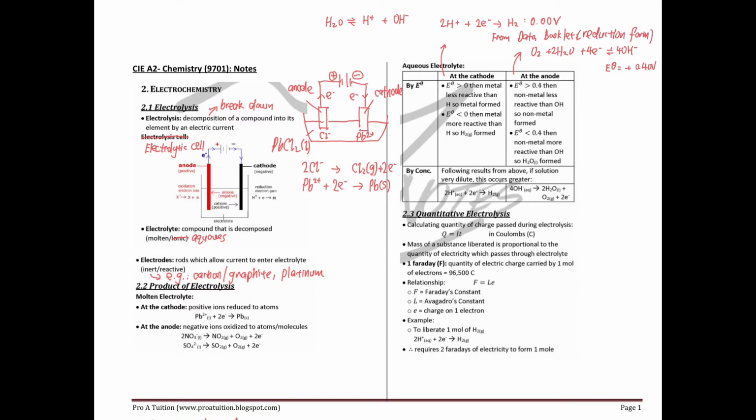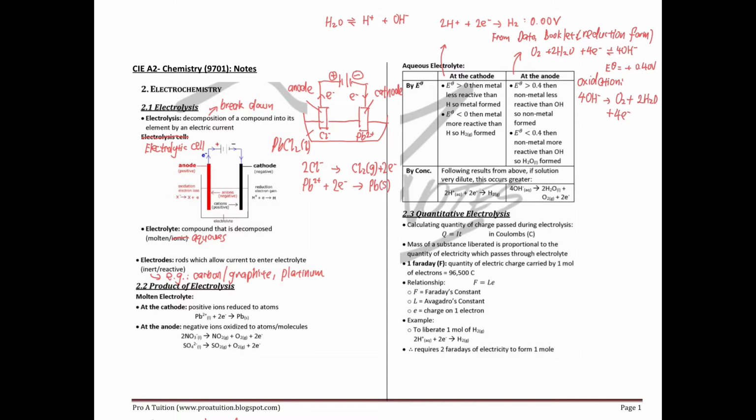What happens at the anode is oxidation. So if it's oxidation, we need to swap the equation. Start with hydroxide, form O2, form 2H2O, and form 4 electrons.